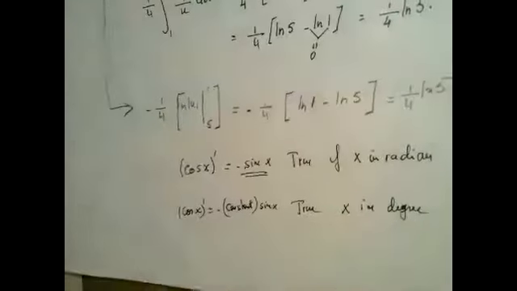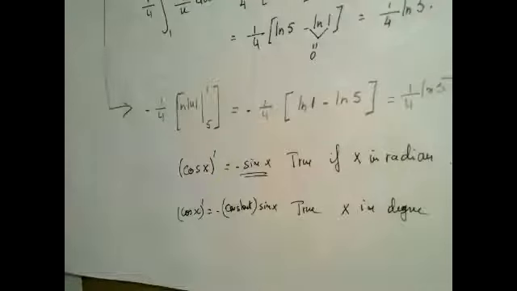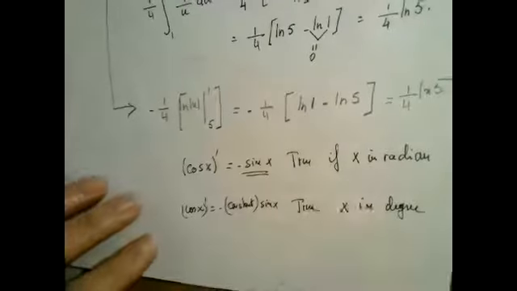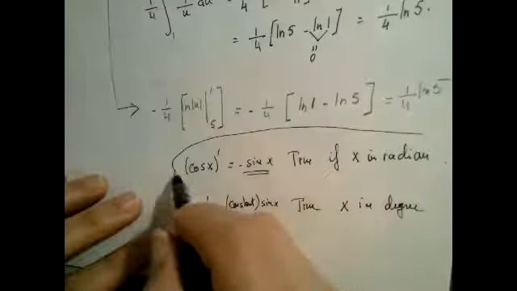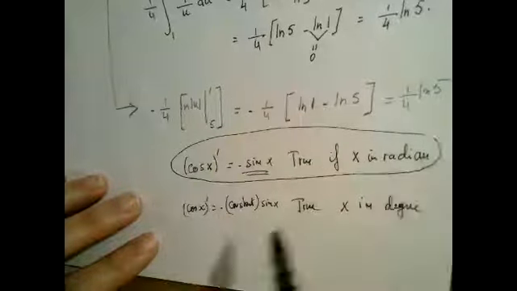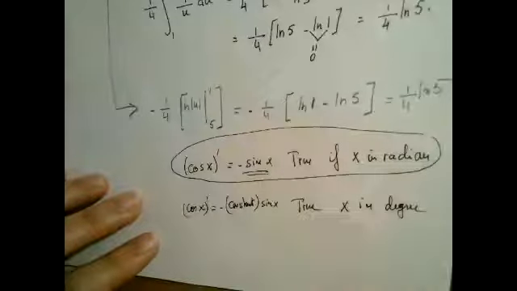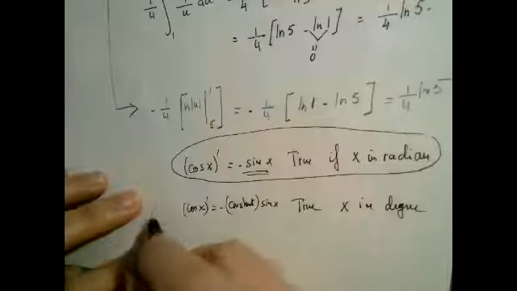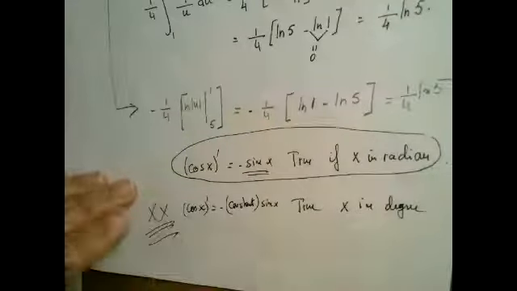So the picture changes. That's why when we say the antiderivative of sine is minus cosine, we're assuming the angle is in radians. So everything in calculus is true with radians. This formula fails when you are in degrees. Okay? Yes, thank you.